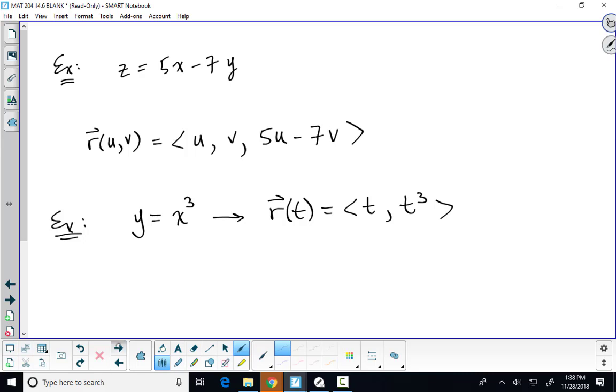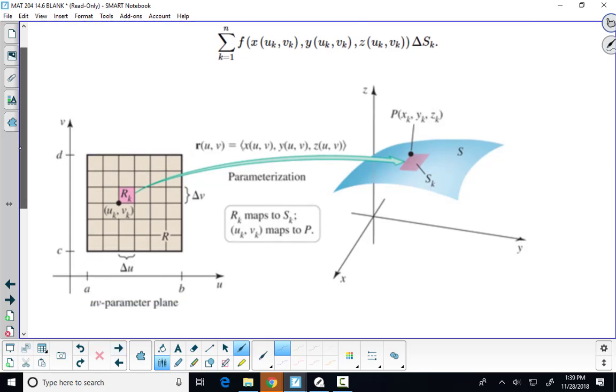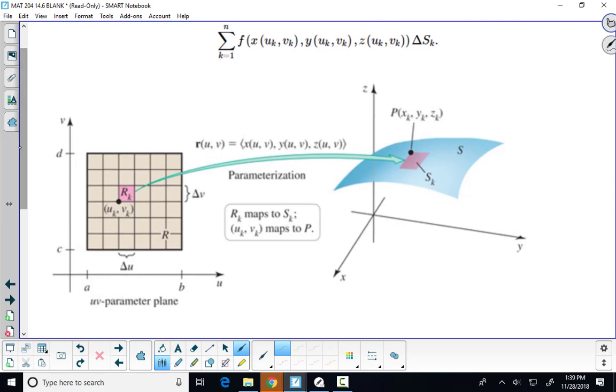Okay, so let's do a couple of real problems. Surface integration. Here is the concept. The concept is very similar to all of the Riemann sum stuff we've been doing forever.